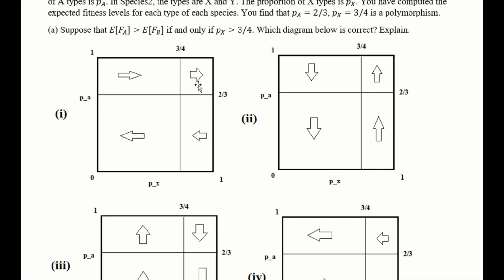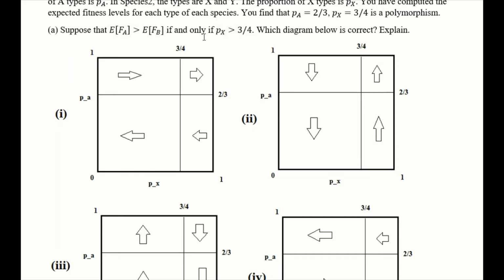Now, as you can see in diagram number 1 over here, that's not happening. The arrows are pointing left and right. They should be pointing up. So that rules out number 1. How about number 2? That looks right. We said when PX is high, then A types are fitter. So the arrows will push you upwards for PA, and that is indeed happening in diagram number 2. Let's check the other side.